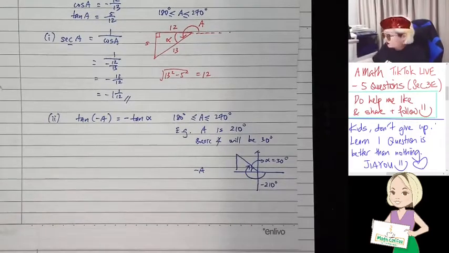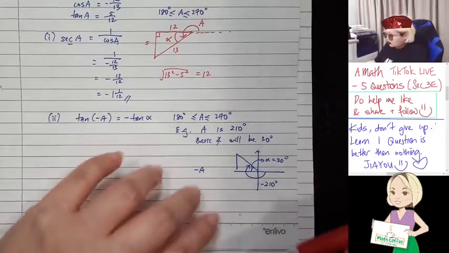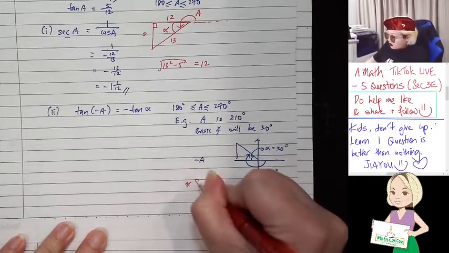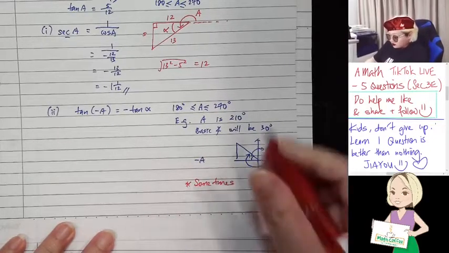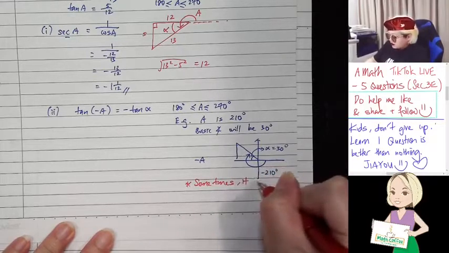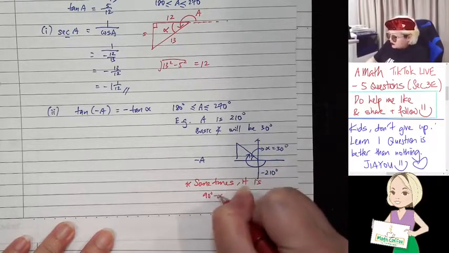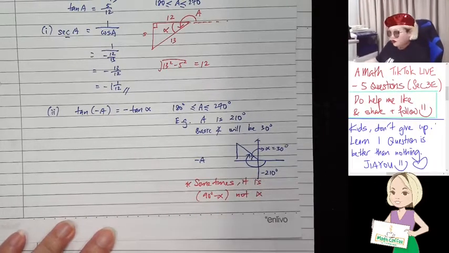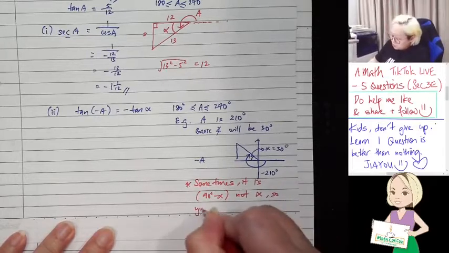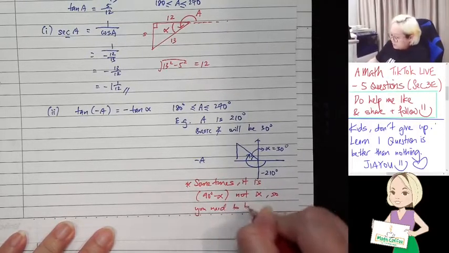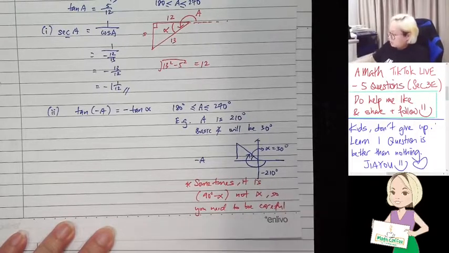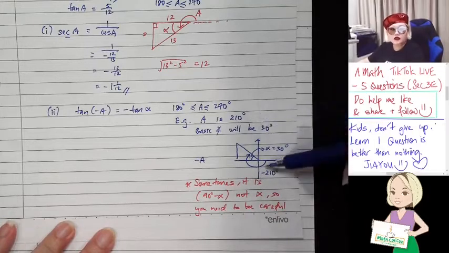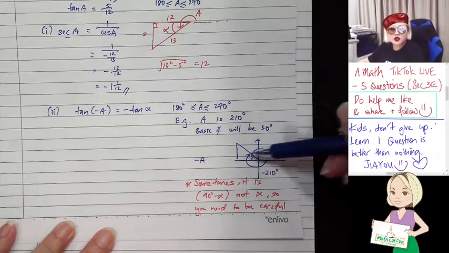So I put an extra note here, just to let you know. Why is it that I want to find out that the basic angle is 30 degrees? Because sometimes it is using 90 degrees minus basic, not using the basic. So you need to be careful. Because I know that if 210, my basic angle is 30 degrees, and I draw my minus 210, it still uses 30 degrees.